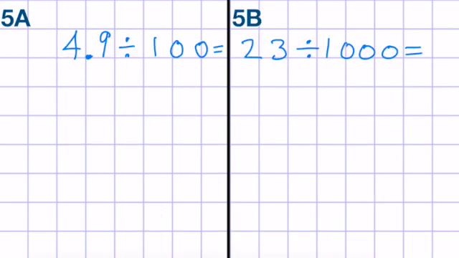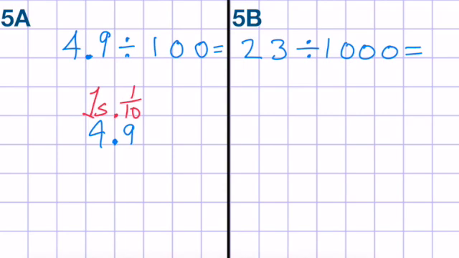Next, we have 4.9 divided by 100 and 23 divided by 1,000. Please do both sides. Press pause and we'll do it together. Okay, so 4.9. So we have a ones column, a decimal point, and a tenths column. We're going to divide by 100.